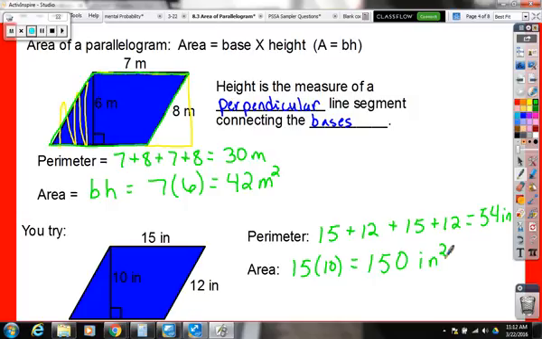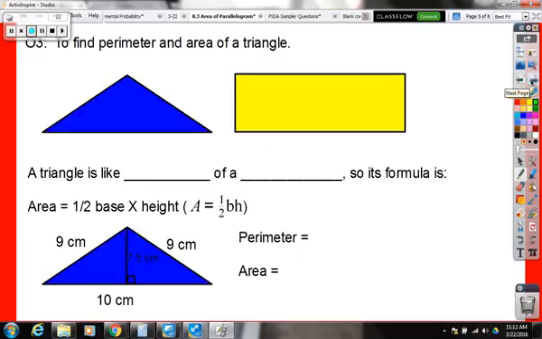Good. Okay, we have a couple minutes. We're going to keep going as far as we can. So let's talk a little bit about finding perimeter and area of a triangle. Okay, when we're talking about triangles, a triangle is like half of a rectangle. By doing some manipulation of the triangle, we can turn it into half of a rectangle.